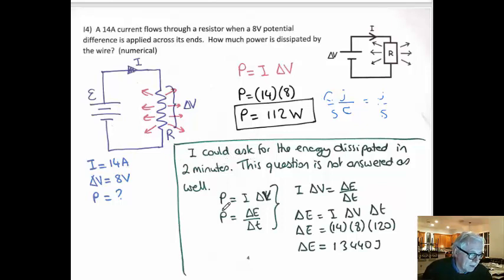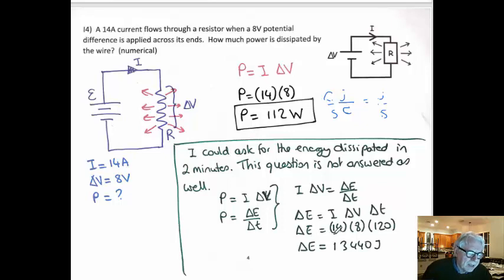This question is not answered as well, I've noticed that. The two equations are: power is equal to current times the potential difference, and power is equal to the change in energy over the change in time. So my current times my potential difference is equal to my change in energy over my change in time. So my change in energy is equal to my current times my potential difference times my change in time.